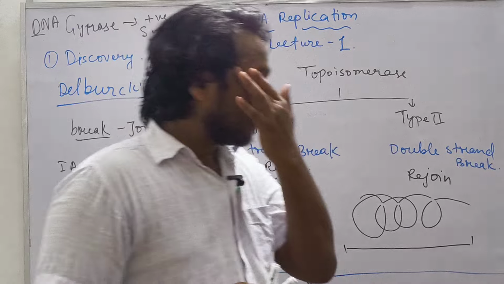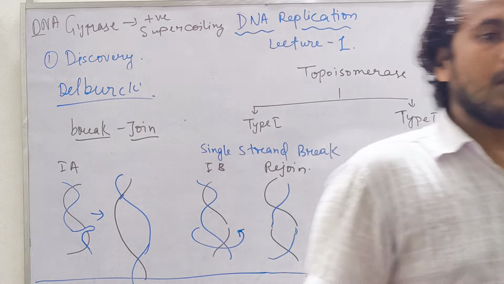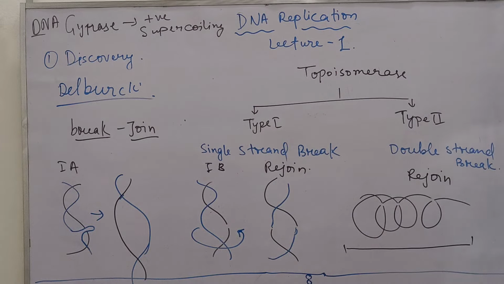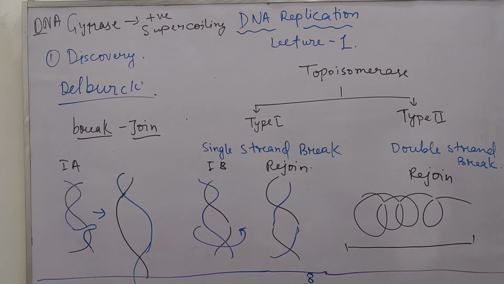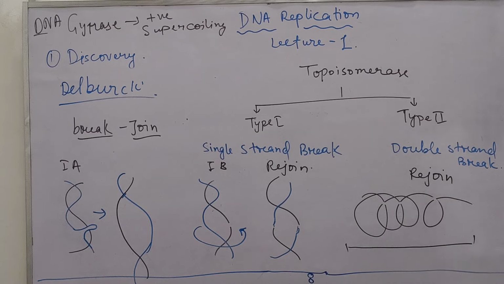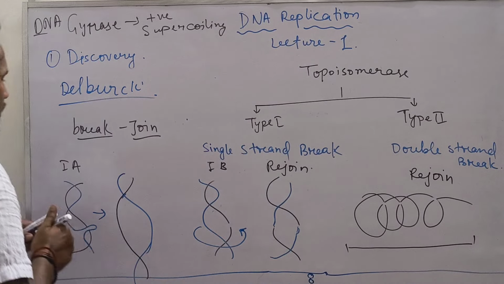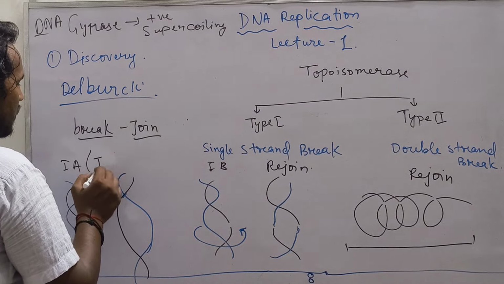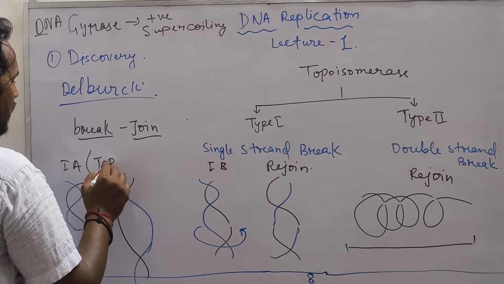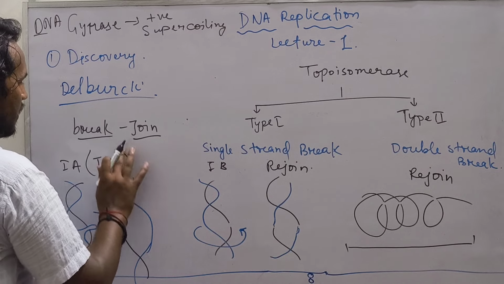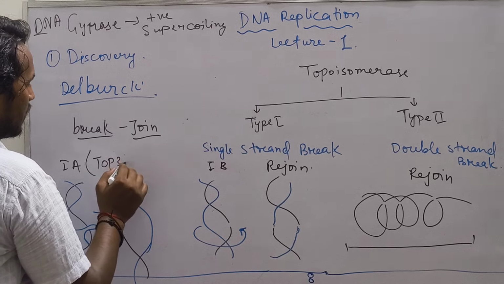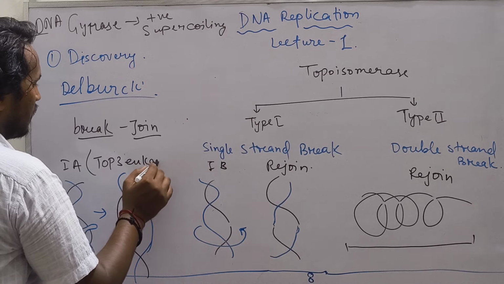Now let me tell you more about it. Type 1A is the more common topoisomerase in prokaryotes, and topoisomerase 3 is there in eukaryotes.